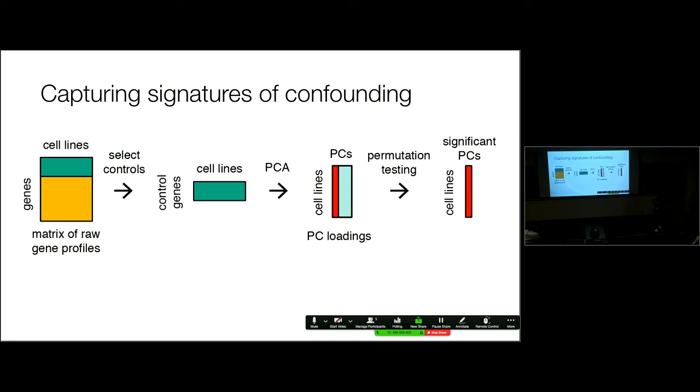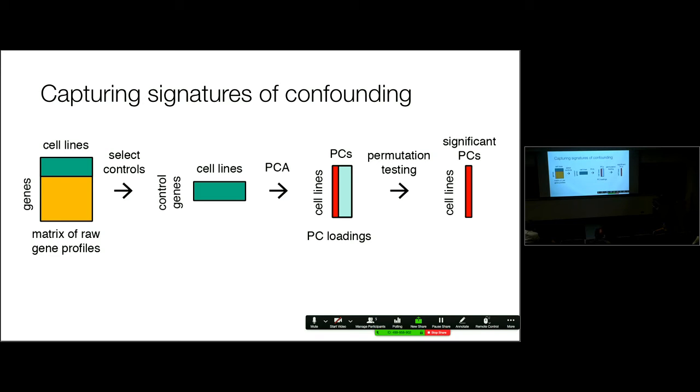And once you've chosen this subset of the matrix, you can perform principal components analysis on this matrix, get all the principal components, and by permutation testing, you can get the significant principal components that are going above the background rate. And I'm going to call these significant principal components the potential signatures of confounding, because they're showing significant signal even though these are null genes that we're not interested in.